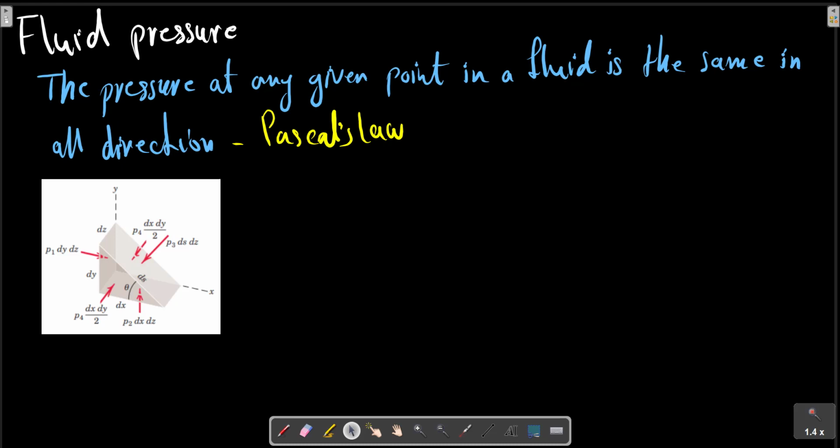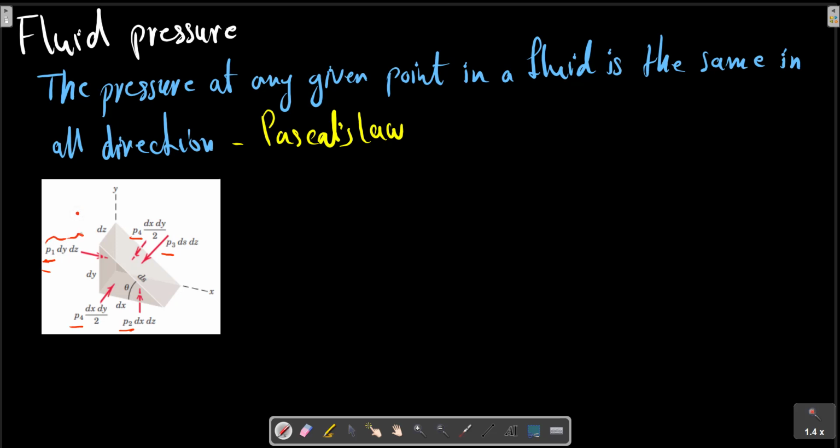The fluid pressures normal to the faces of the element are P1, P2, P3 and P4, with force equal to the pressure times area.